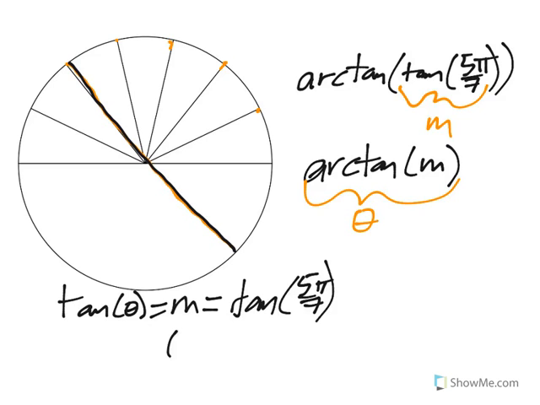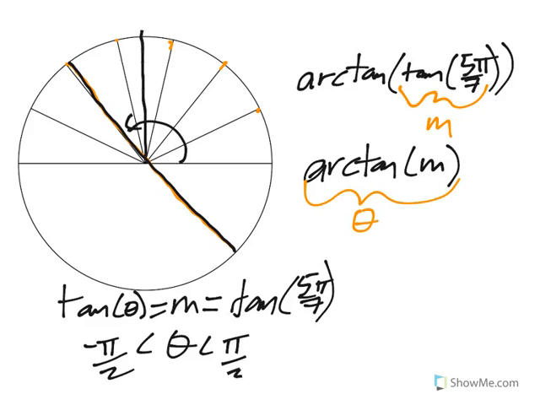But the other thing is that theta is between -π/2 and π/2. So it can't be 5π/7. 5π/7's over here, beyond π/2. It's got to be this guy, which is, well, what is that? That's π less than 5π/7, or another way to say that, it's 5π/7 minus a half circle.